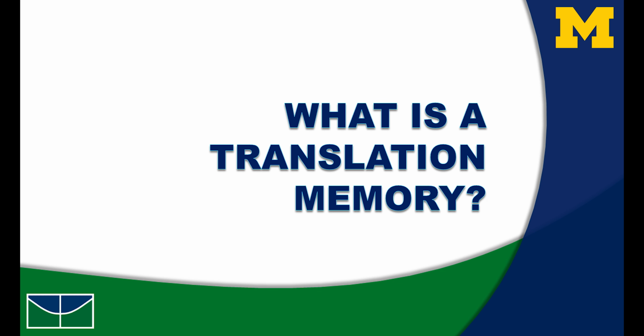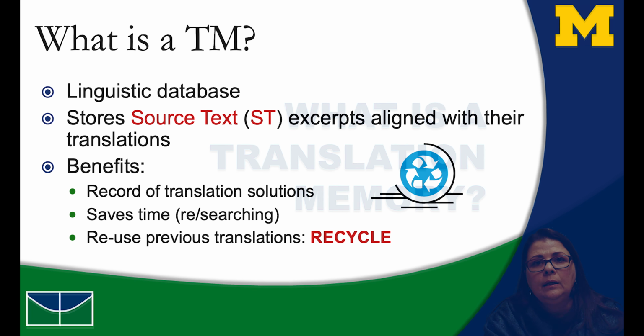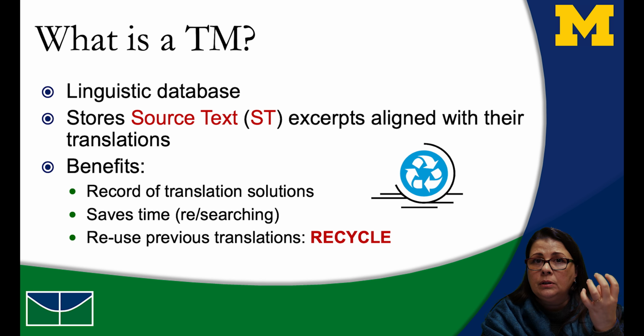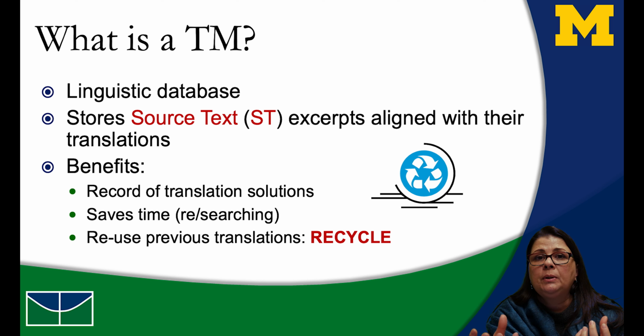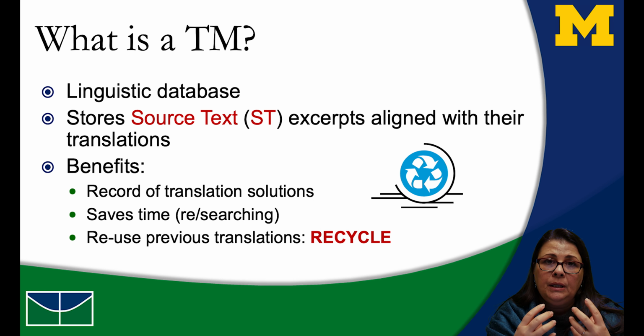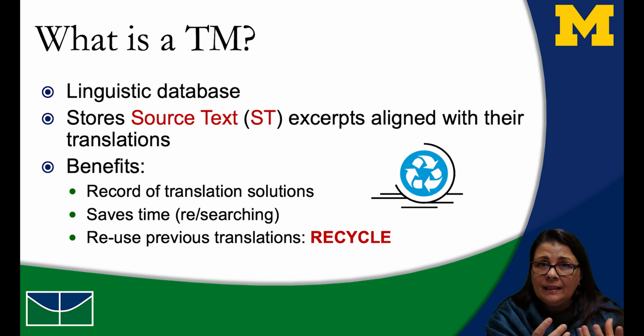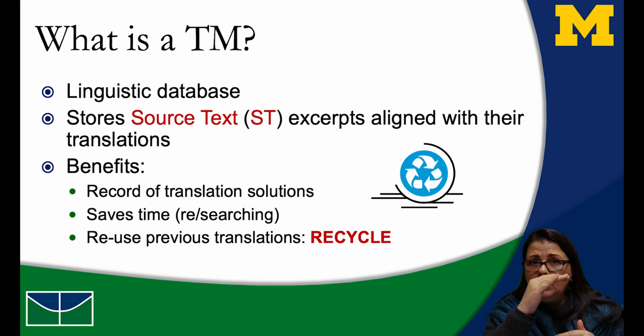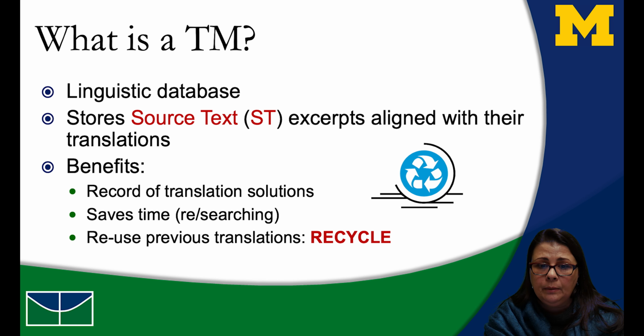And what is, after all, a translation memory? It's a linguistic database that stores segments of the original or the source text and their corresponding translation done by a human translator. So these segments can be anything from a sentence that ends with some kind of punctuation, or a list of things. So each item of the list is one segment.